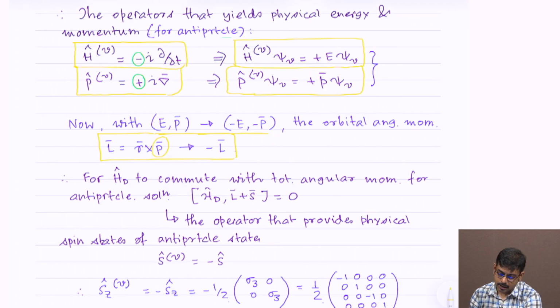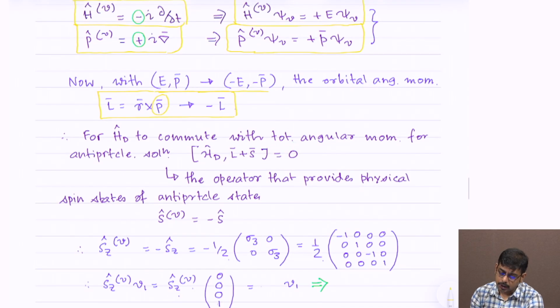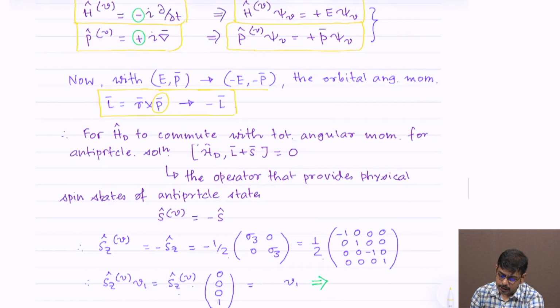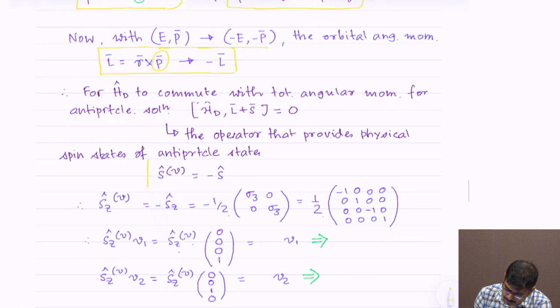So, therefore, it is going to minus L. For the Dirac Hamiltonian to commute with the total angular momentum L plus S, and to retain it at 0, we also easily understand that the spin operator acting on the antiparticle also has to come with an intrinsic sign of minus S. So, the spin operator that will be acting on the antiparticle solution must also have a minus in front.